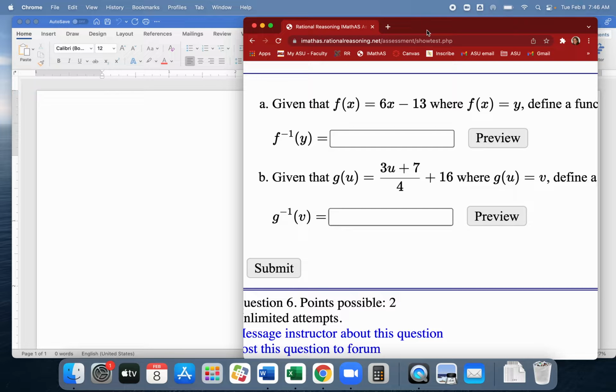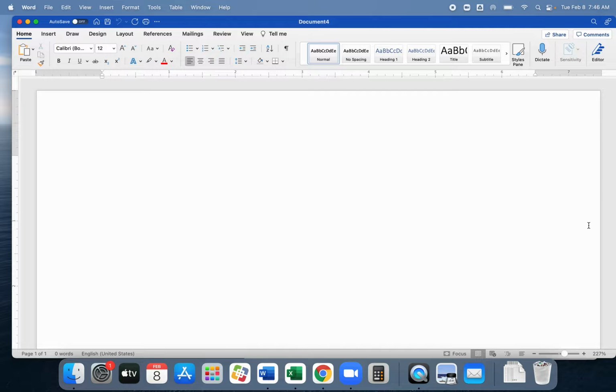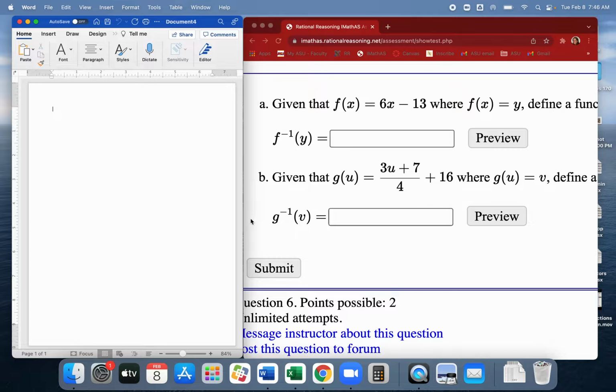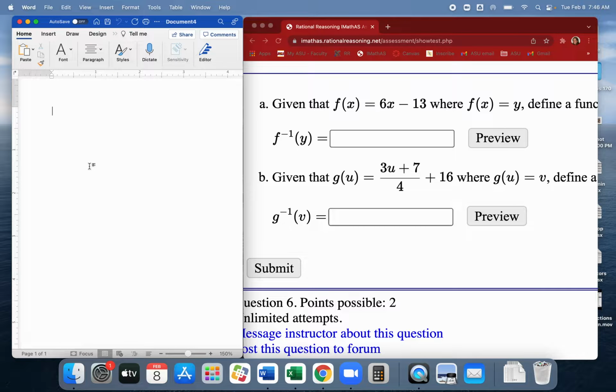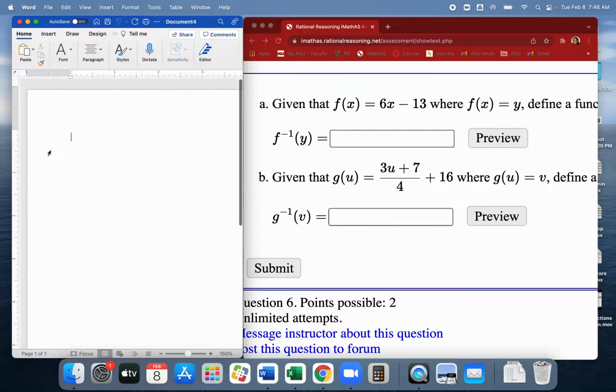All right, so for this part B, you can think of this as V equals (3u plus 7) over 4 plus 16.